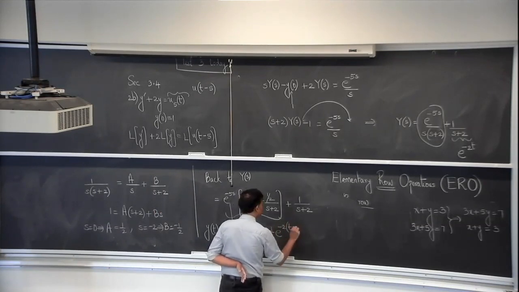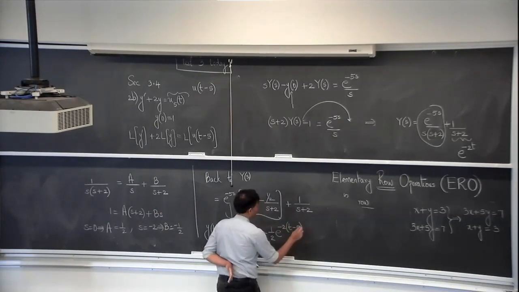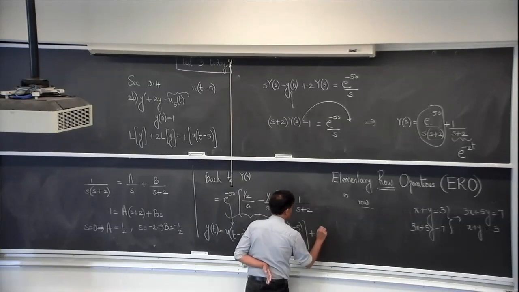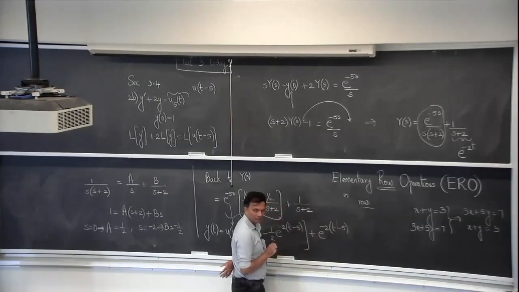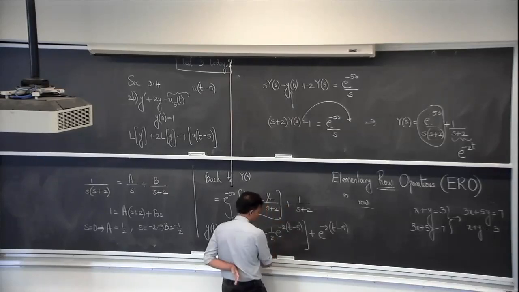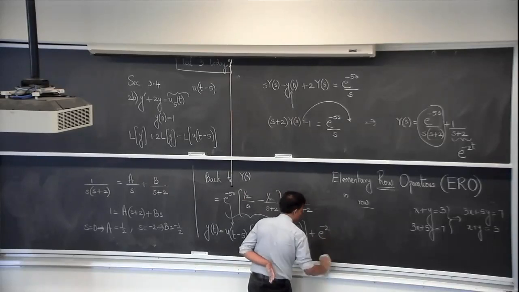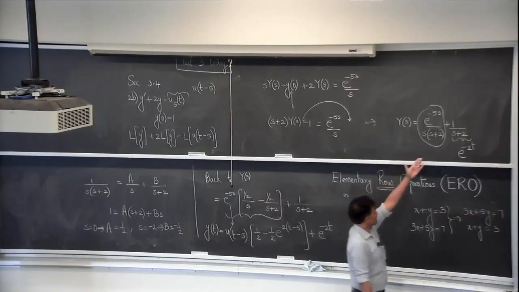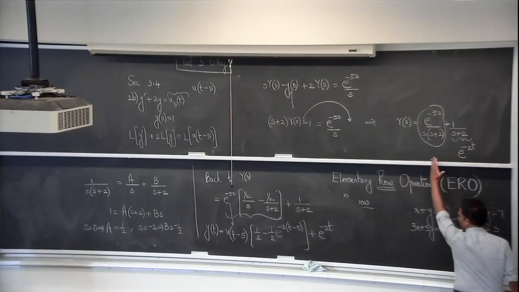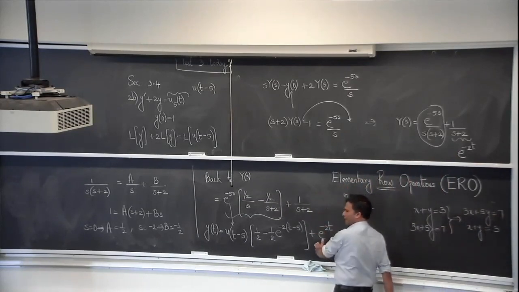Good. Plus e to the negative 2 (t minus 5)? No, okay, just e to the negative 2t here, because this term was there from the beginning, so that just sweeps through and comes back here.